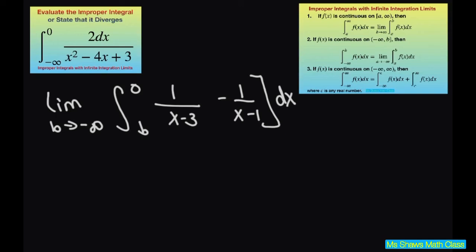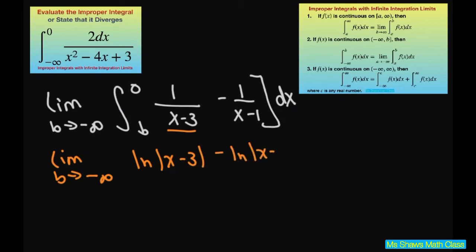Now we can go ahead and integrate, and we write the limit as b approaches negative infinity, and this part's going to be ln of x minus 3 minus ln of x minus 1. And then you're evaluating it from b to 0.